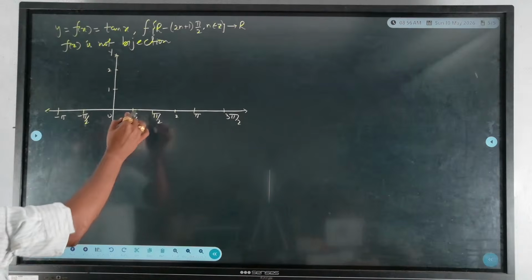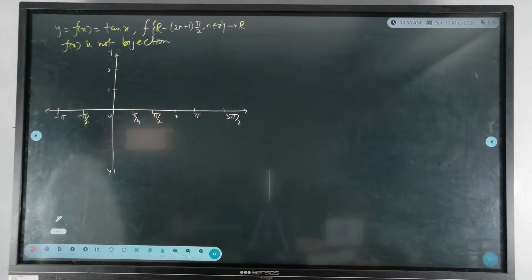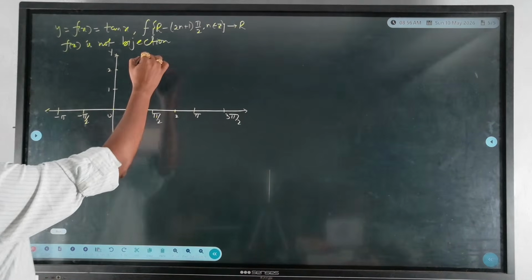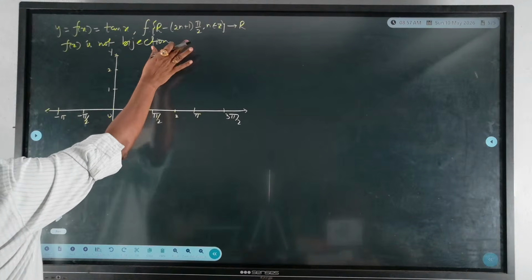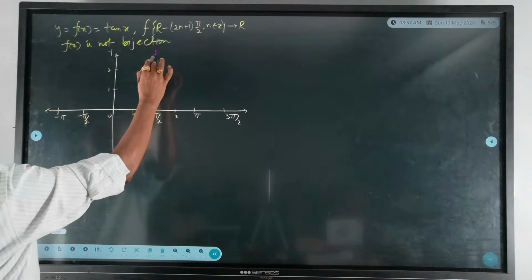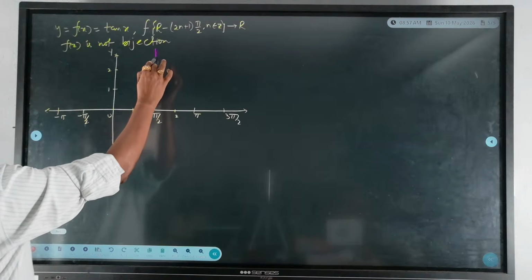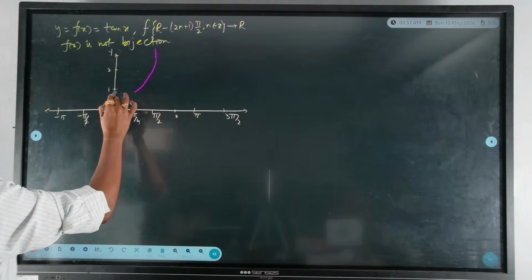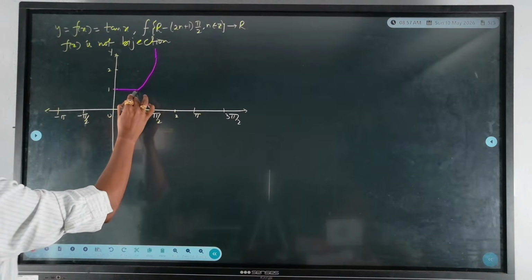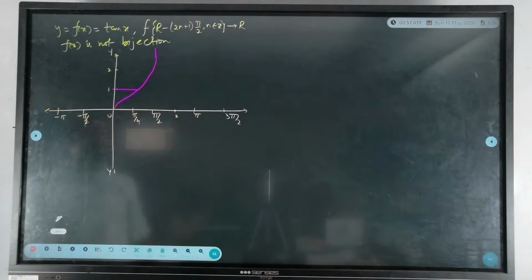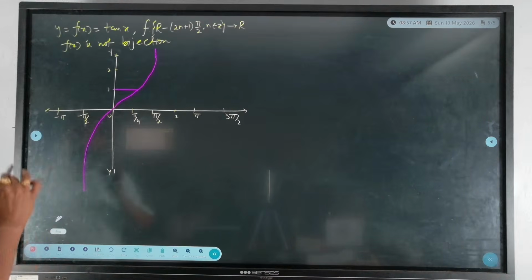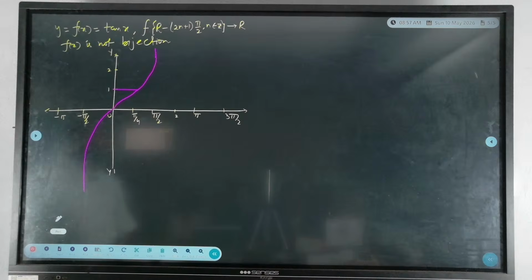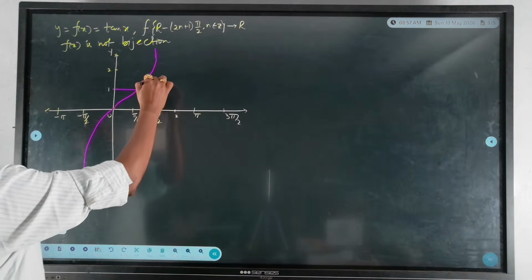So, what about tan 90? Undefined. What about tan 45? Tan 0? Tan minus 90? So these are called asymptotes.